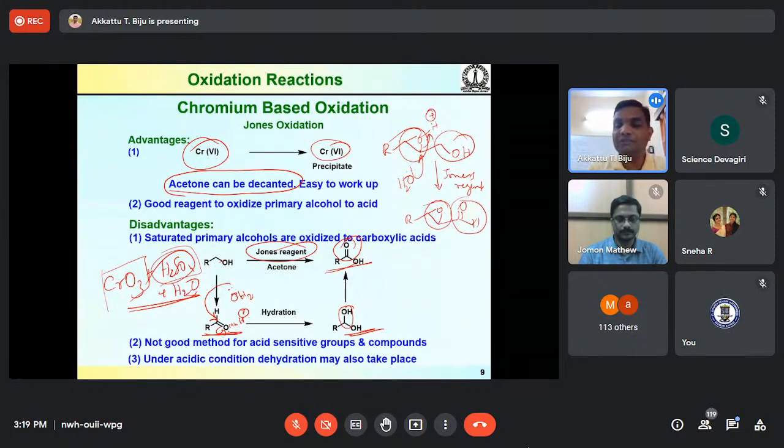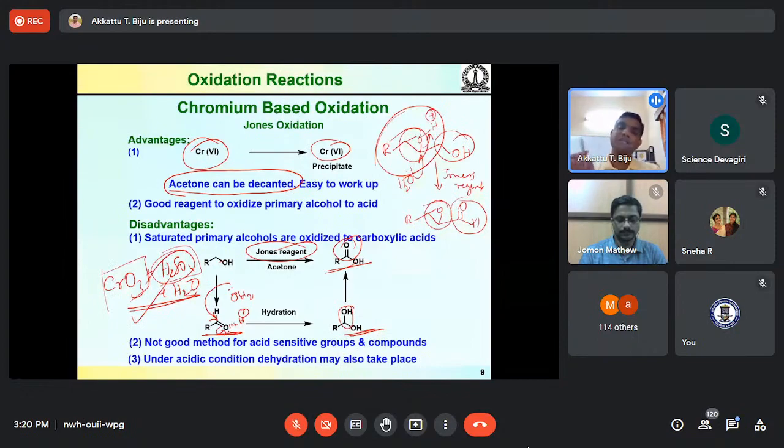So in addition to the expected epoxy aldehyde, you also see the epoxide opening when you do this alcohol oxidation using Jones reagent, because Jones reagent is an acidic reagent which cannot tolerate acid sensitive functional groups.